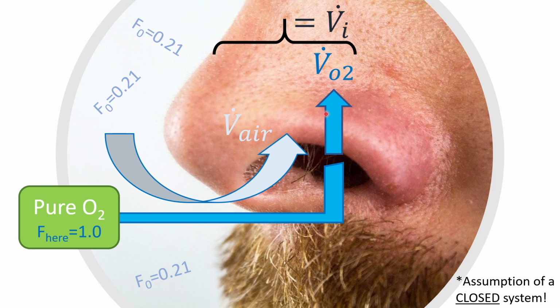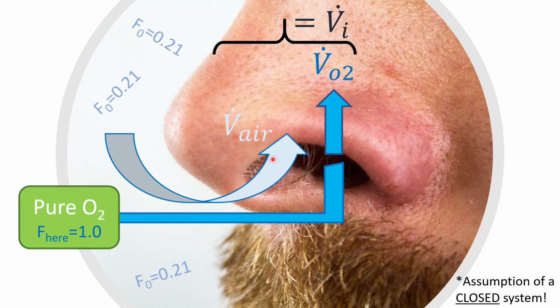When a patient is breathing or inspiring, the V with a dot over it, rather than just V for volume, means flow. So this is the rate of the volume that's going in. When there's flow into the nose, it is comprised partly of V̇O2, which is coming from the wall, and the remainder from V̇air, which is not provided by the nasal cannula.